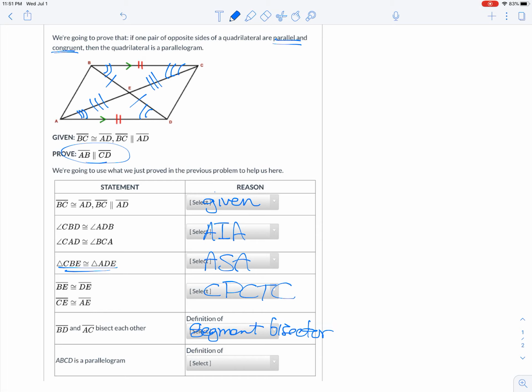Did I miss something? Let's see. ABCD is a parallelogram. We need both sets of sides parallel.